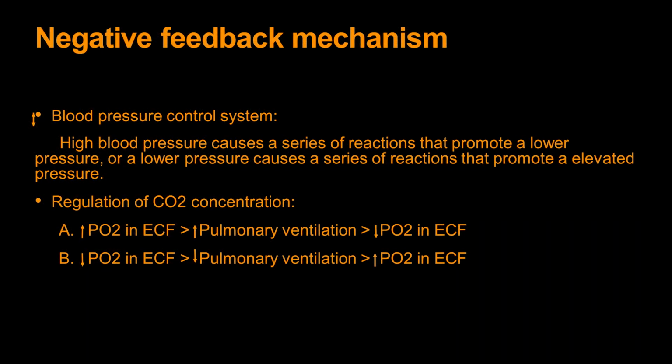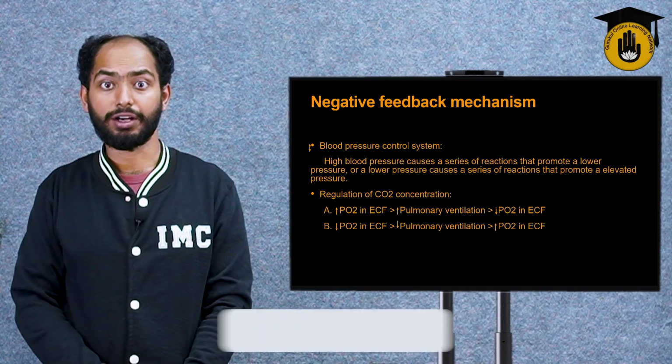Then we will move on to the case where the carbon dioxide concentration in our extracellular fluid is lowered. How will that be controlled? We will control our pulmonary ventilation and cut it down to lower.